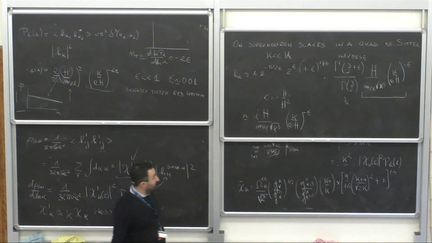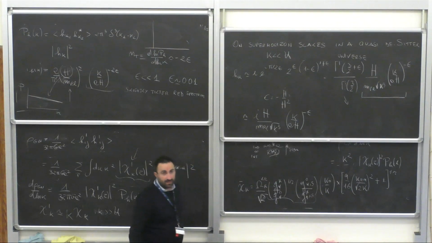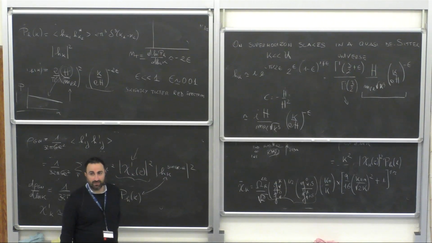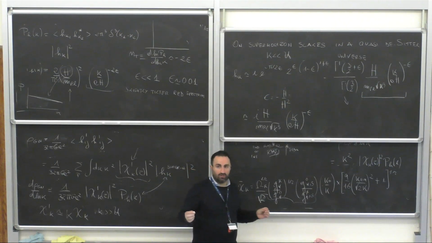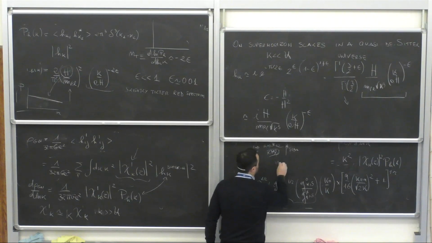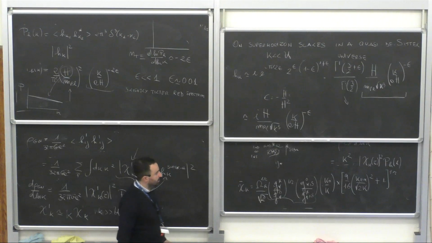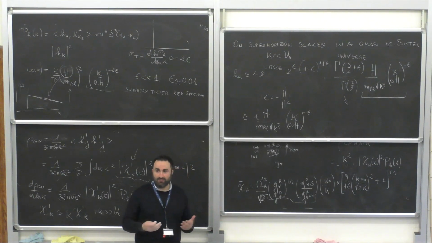And what are these guys here? Okay, so this takes into account the number of extra relativistic degrees of freedom that change during the evolution of the universe, right? So g star is the number of relativistic degrees of freedom, right? And you have to take into account this because this is an energy density, so you have to sum everything.